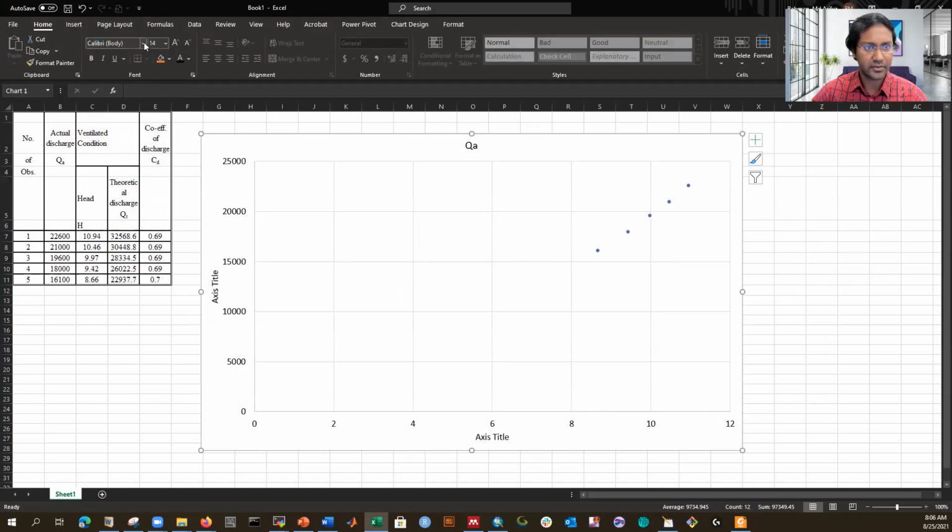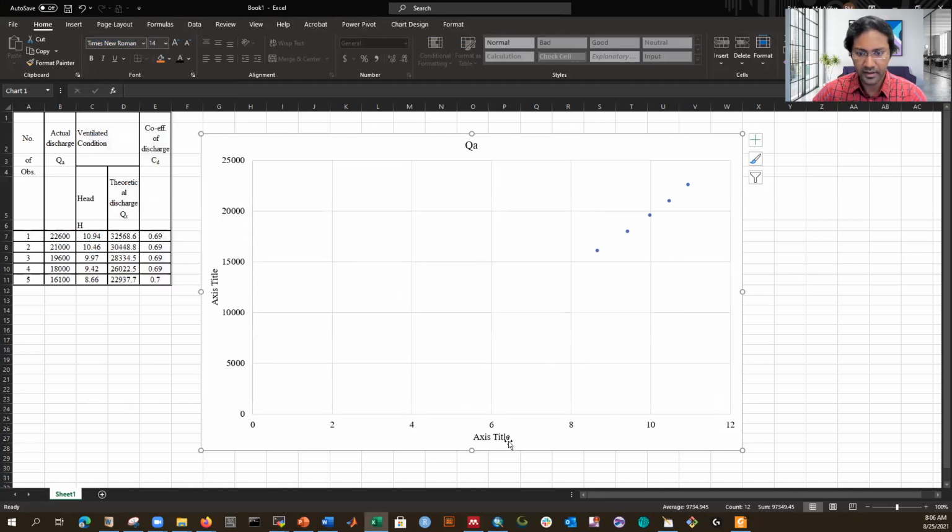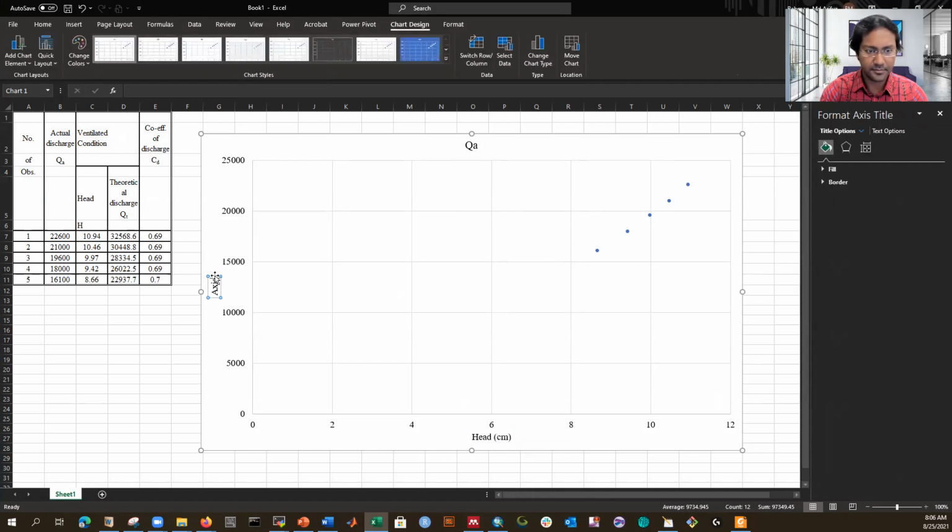That should be 14 so that you can see that, and I'm using the Times New Roman, and that will be head, right? Head difference, that is in centimeter, and that is the actual flow rate we have here.